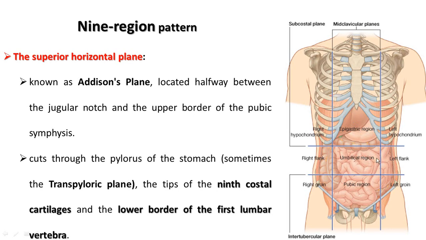And in the midline, we have the epigastric region around the stomach, the umbilical region, and the pubic or hypogastric region above the pubic symphysis.